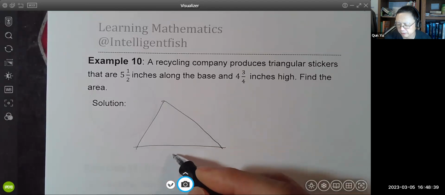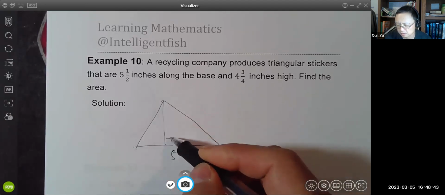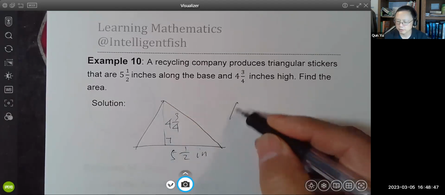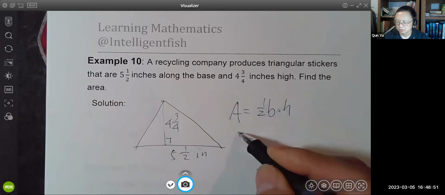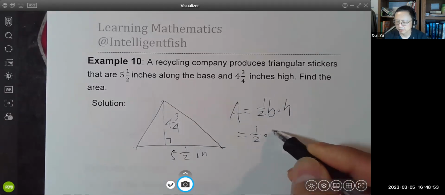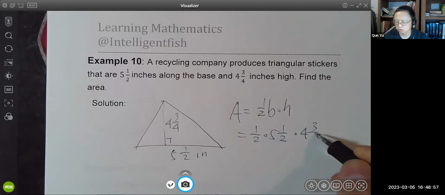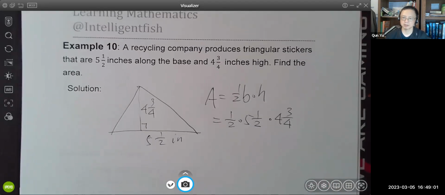This is the base, 5.5 inches long, and this is the height, 4 3/4. So now area, we already know, is half times base times height. So half times 5 1/2 times 4 3/4. You can see this is nothing more than mixed number multiplication.